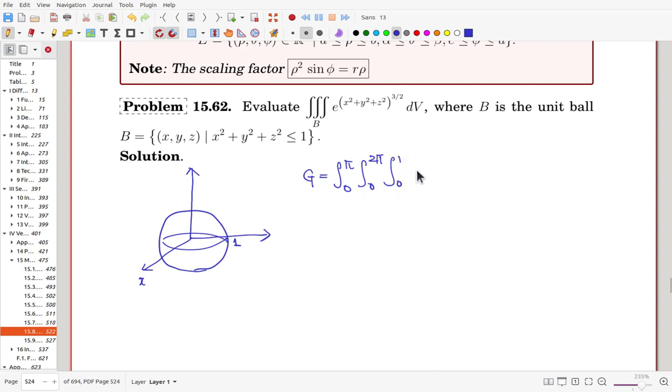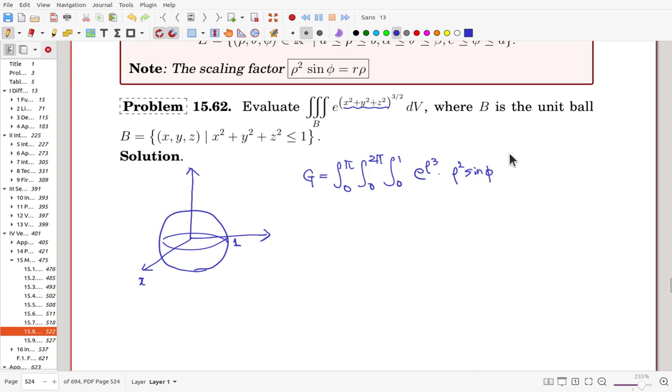Now there's e to the, this itself is rho squared, and power 3 over 2 makes rho cubed, right? Okay, just a moment. So that is e to the rho cubed. Now the scaling factor, you should not forget the scaling factor, that is rho squared sine phi.